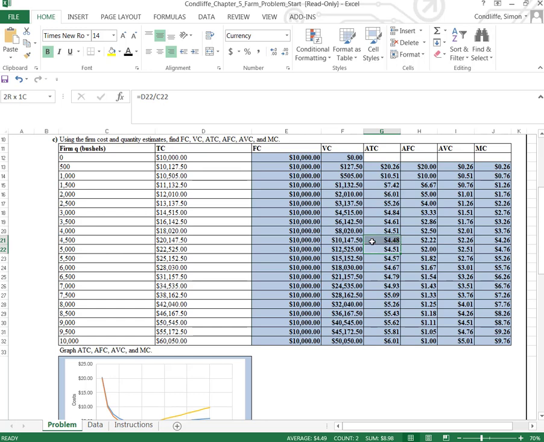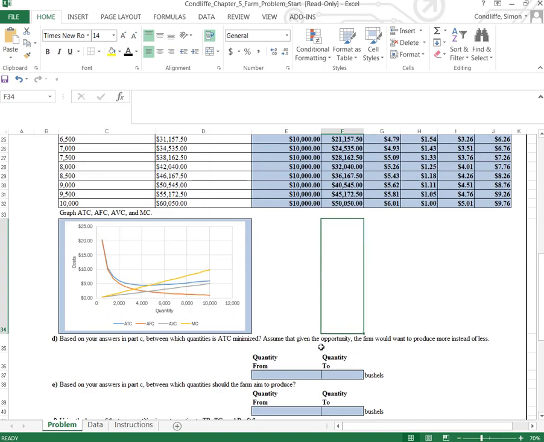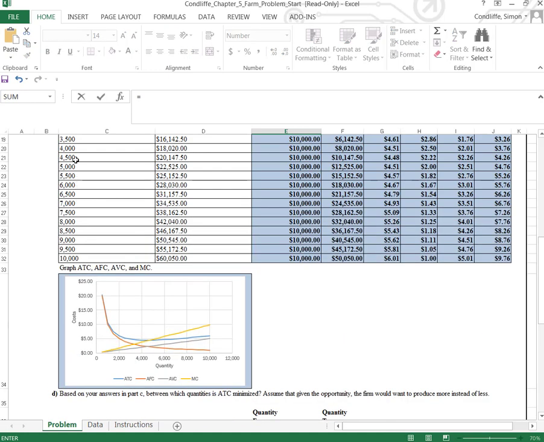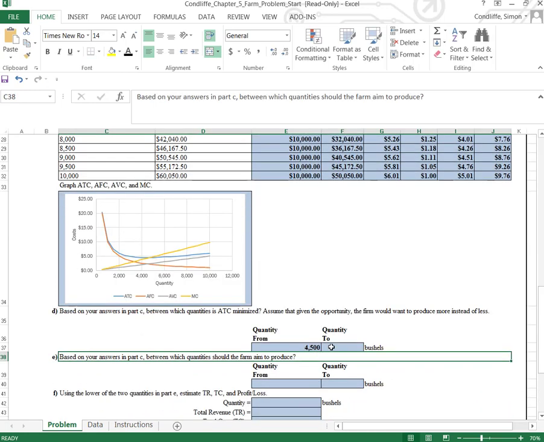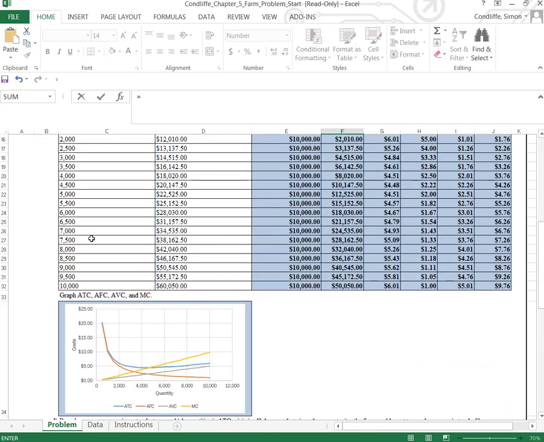So it's going to be in between these 4,500 and 5,000. So we have to do this from the lowest to the highest. So 4,500 to 5,000.